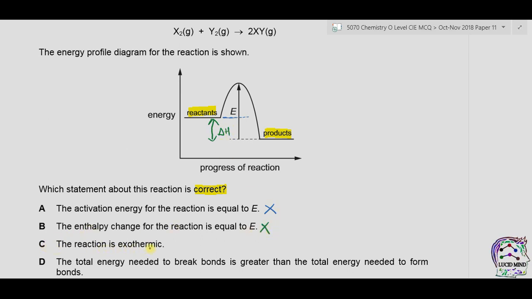C. The reaction is exothermic, as we can see that the energy of products is lower than the energy of reactants. So we can find the enthalpy change: energy of product minus energy of reactants.